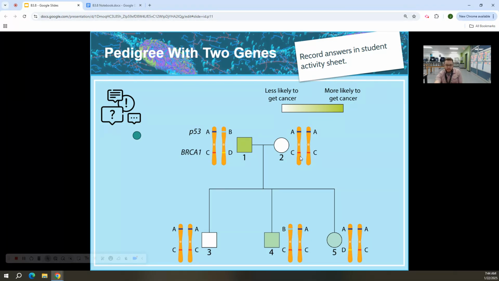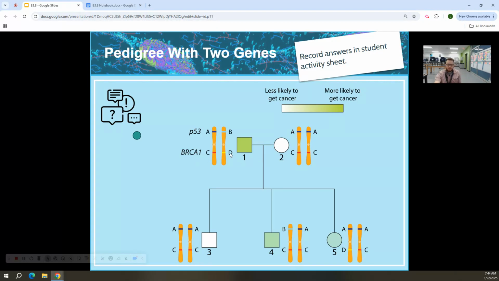This person has an A and C allele on both of their chromosomes, and they have no cancer risk, or very low, okay? Since I know these 2 A alleles are functional, I already know that A is the functional allele for P53. But now looking at the C's, if I have 2 C's, what does that probably mean for whether C or D is non-functional?